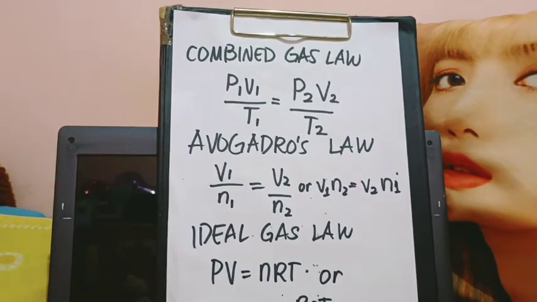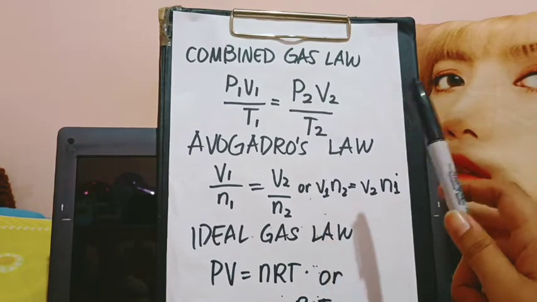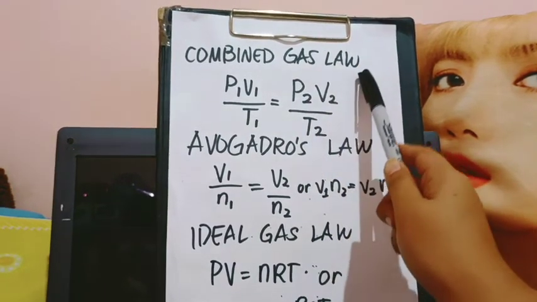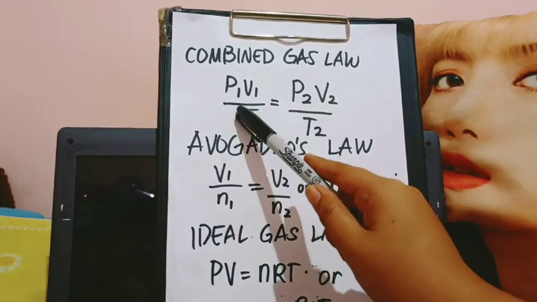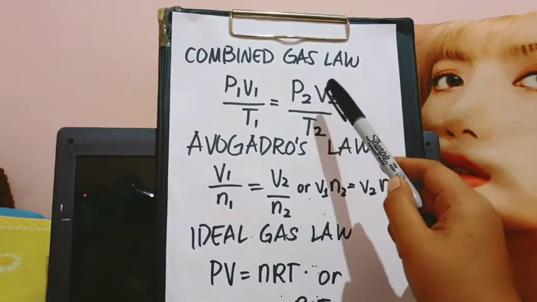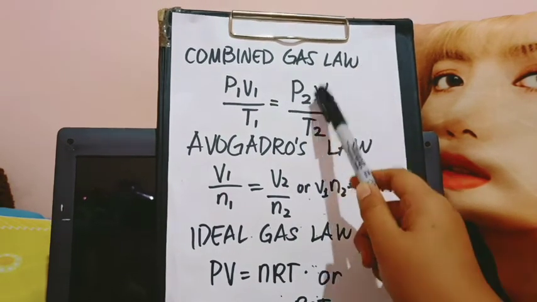So don't forget our three remaining laws: the combined gas law, Avogadro's law, and the ideal gas law. The working formula for the combined gas law is P1V1 divided by T1 is equal to P2 times V2 divided by T2. So it's just cross multiplication.